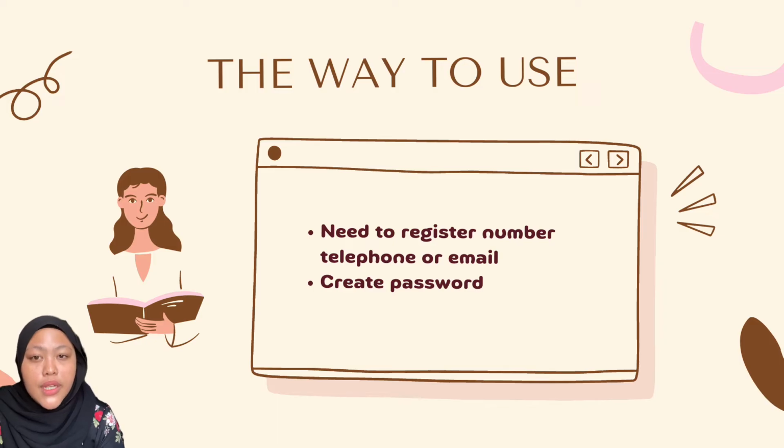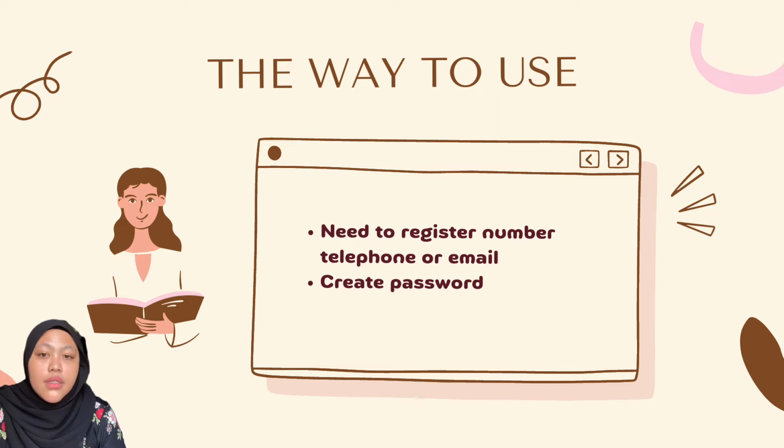Okay, I would like to move to another slide. This slide shows the way to use an e-wallet. This way is more for new beginners. New beginners need to install the e-wallet application, and then they need to register a telephone number or email.